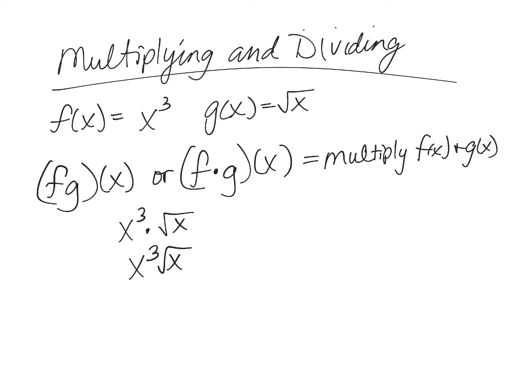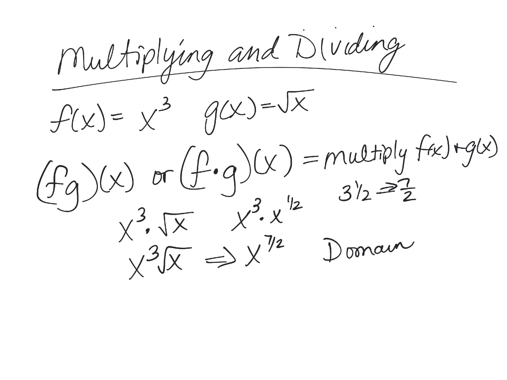Or if I wanted to write it as x cubed times x to the 1/2 power, I can make that 3 and 1/2, make that improper. 3 times 2 is 6 plus 1 is 7, so x to the 7/2. Okay, my domain, because I have the square root of x in there, is x must be greater than or equal to 0.